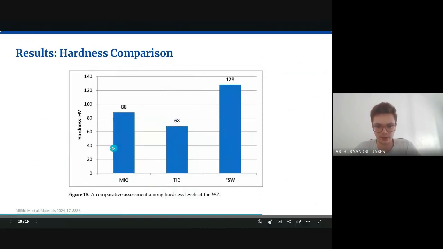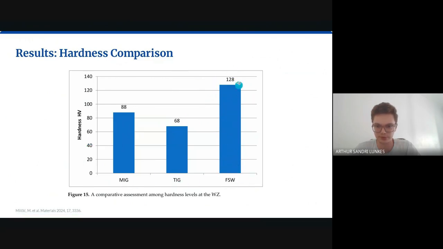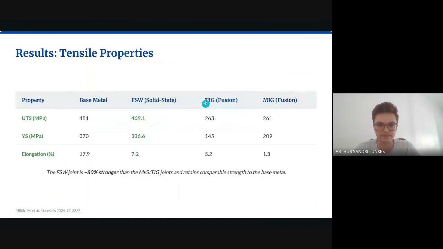Here we have a comparison between the hardness in the MIG, TIG, and friction stir welding process. So as you can see, the friction stir welding has higher properties than TIG and MIG. Here we have the results of the tensile properties. As you can see, the friction stir welding has the highest values in ultimate tensile stress compared to the TIG and MIG.